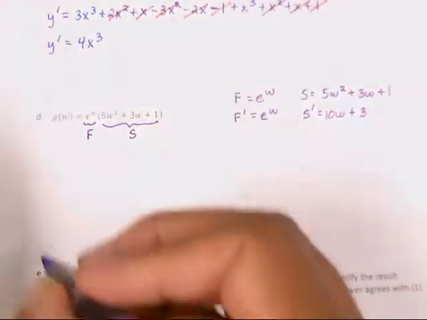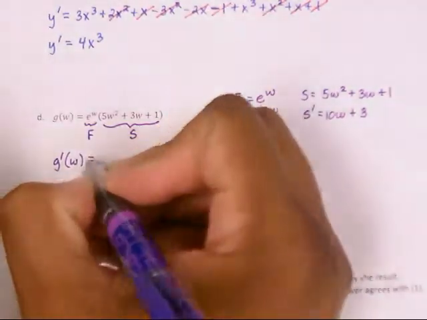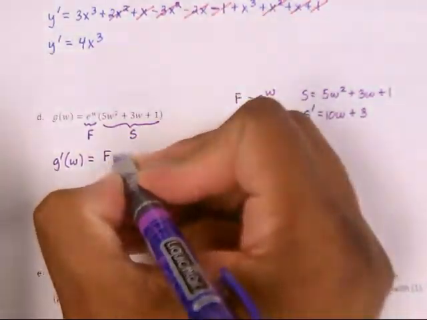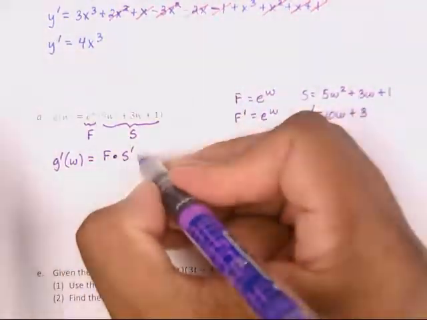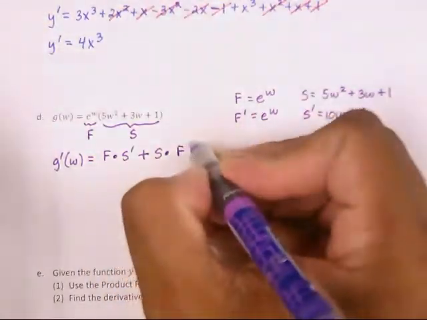And now I can find what g prime of w is applying the product rule. And of course, that's going to be the first times the derivative of the second plus the second times the derivative of the first.